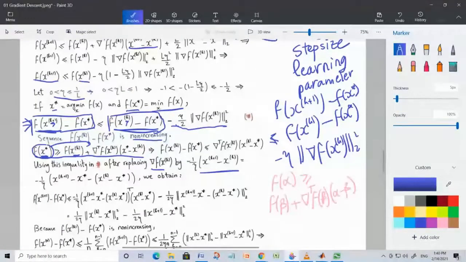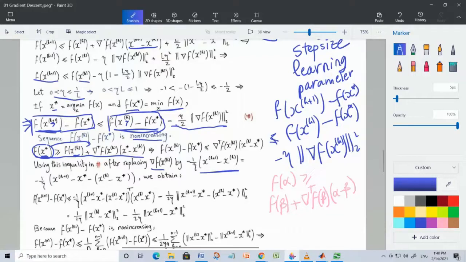And you can write down x k plus 1 minus x k in this way by subtracting and adding x star. We write it like this because we want to reference everything to the optimal.